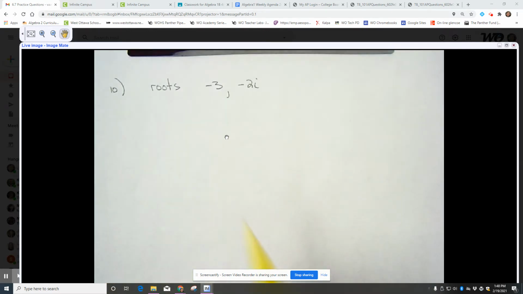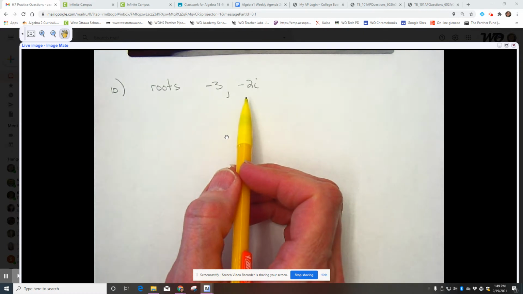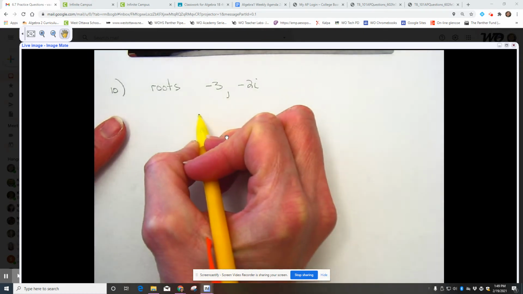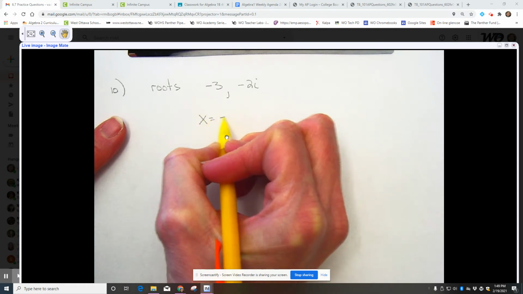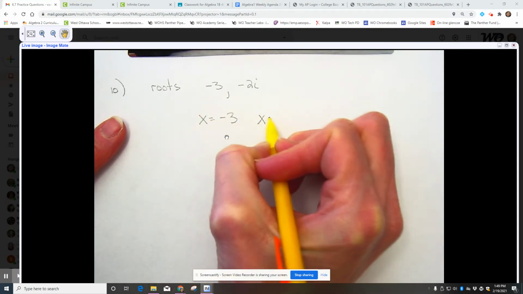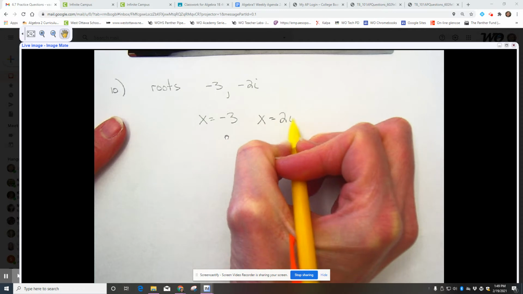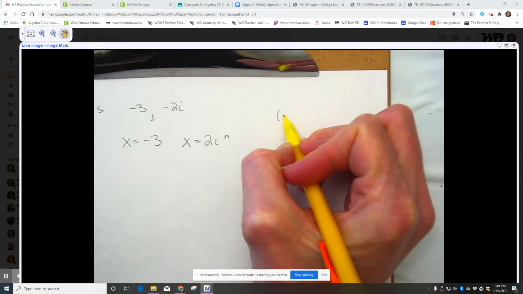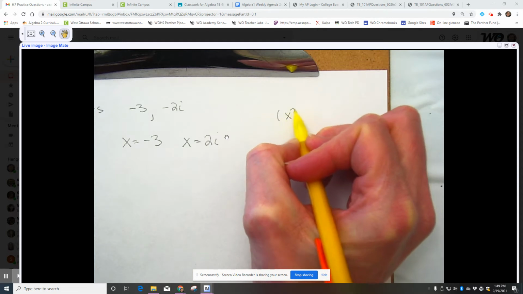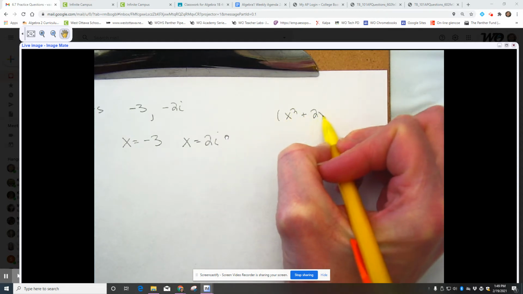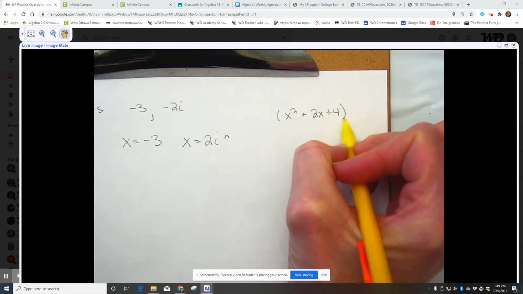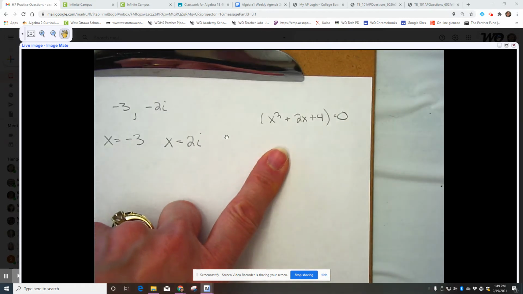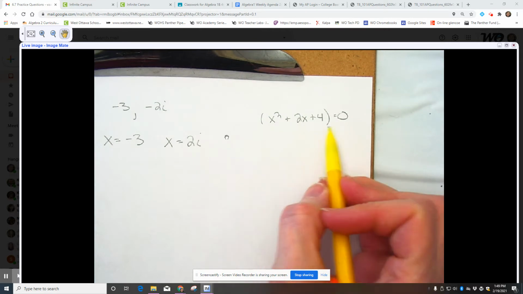So if those are your roots, so they tell you those are your roots, you can think if you go backwards before you find your roots, your answer looks like this. So you're basically going backwards in, say, this process where you're finding the solutions for a quadratic.